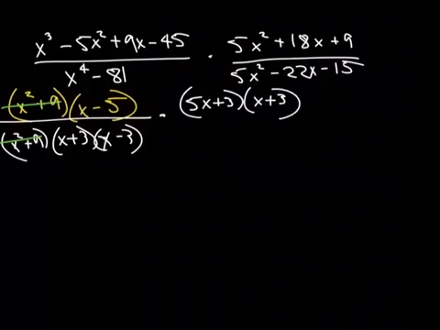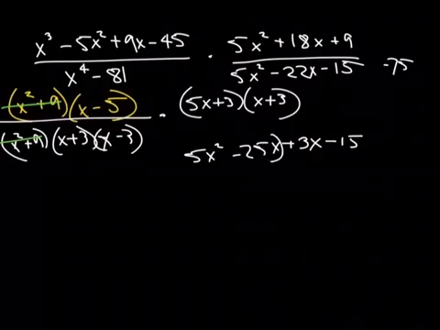Okay, so last one we have to do is this one right here. 5 times negative 15 is negative 75. So two numbers multiplied together give you negative 75. Added give you a negative 22. So that gives us 5x squared minus 25x plus 3x minus 15. Because these are the two numbers that I found multiplied together give us that. Added give us negative 22.